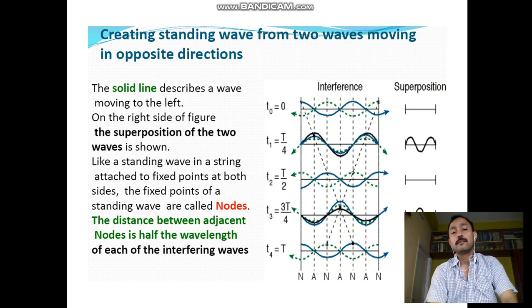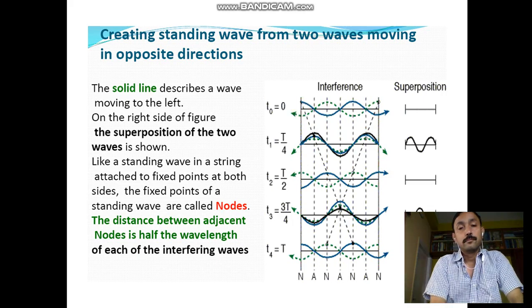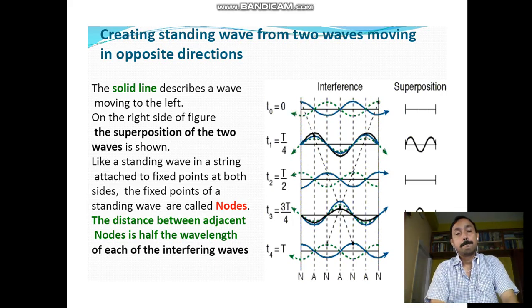The fixed points of the standing waves are called nodes. These are the nodes. The distance between adjacent nodes is half the wavelength of each of the interfering waves.